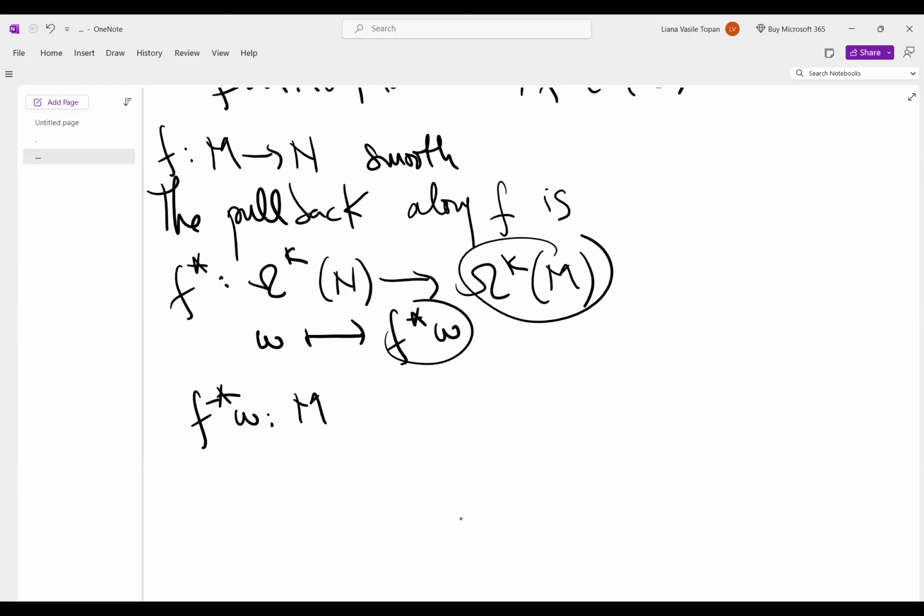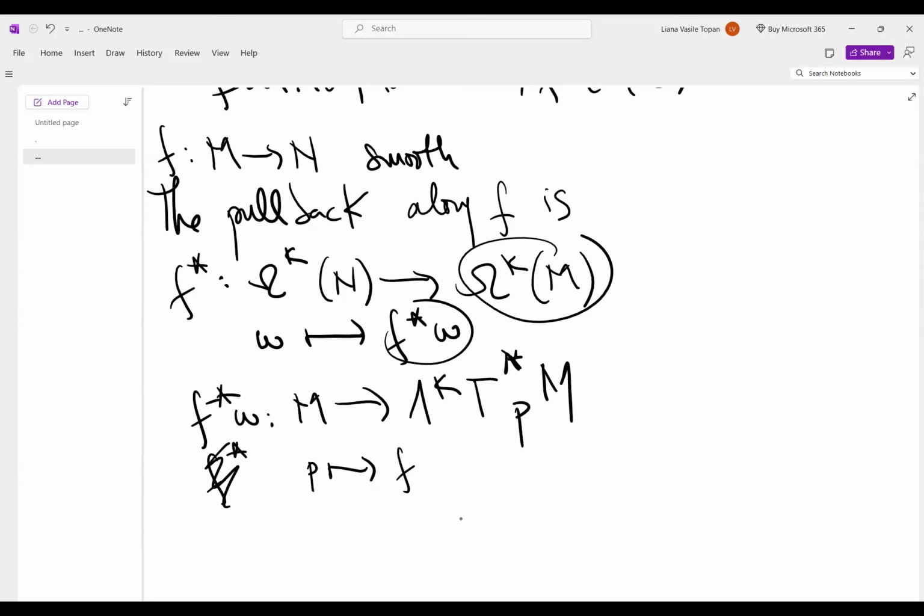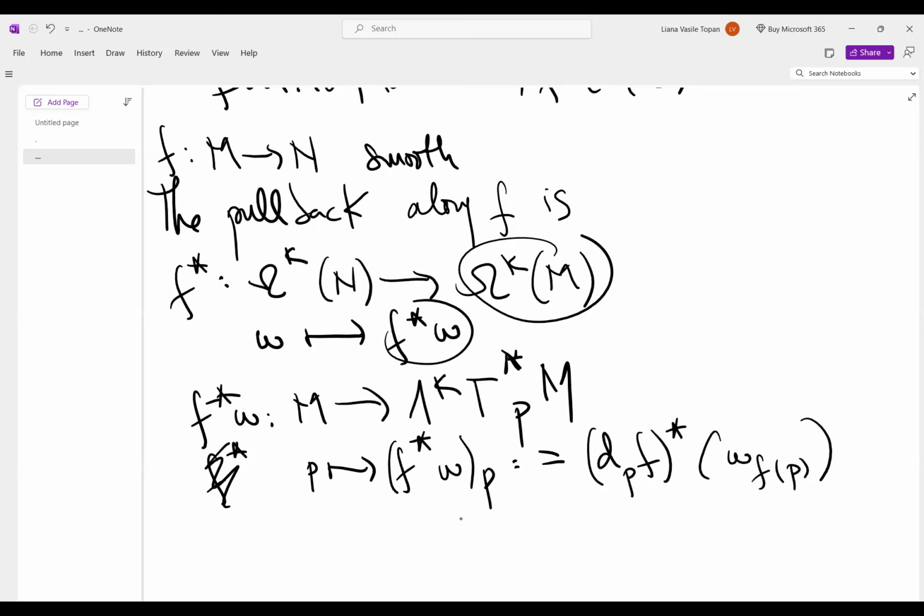It's a section of the kth exterior power of T_p^* M, something like this. So this will be, let's say point p goes into f star omega at p, which is by definition, the pullback of the differential, at omega of f of p.